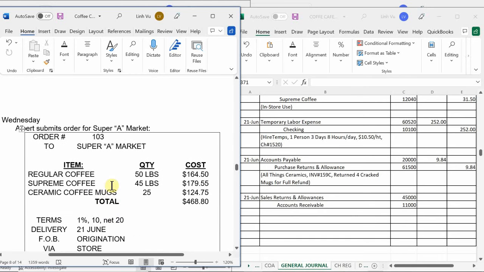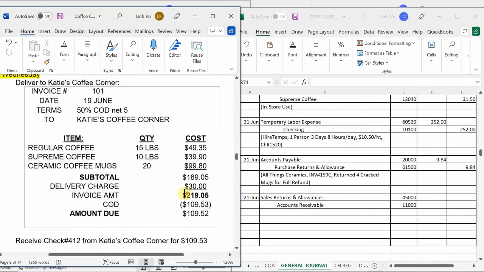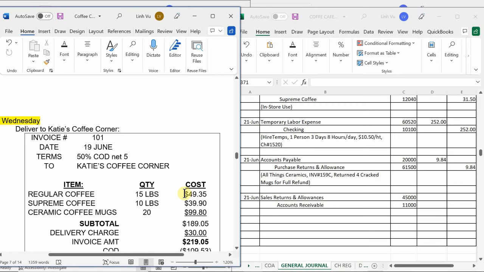Here you go, she purchased 25 mugs, grand total of $124. And for Super A Market, that's her super. Here you go, Katie's Coffee Corner. Right here, we sold 20 mugs for a total of $99.80. Now, in this case, this doesn't tell me the price point.